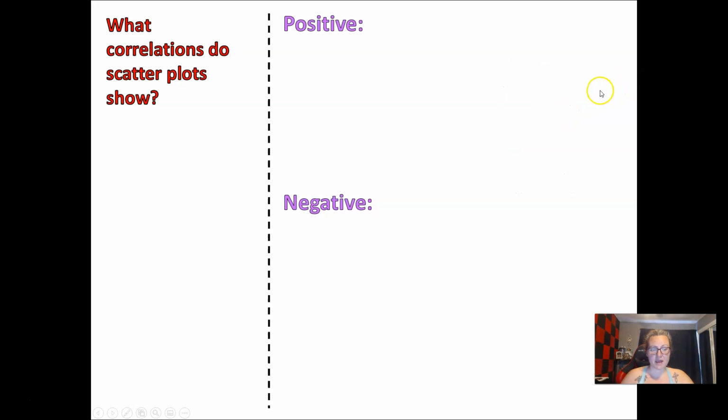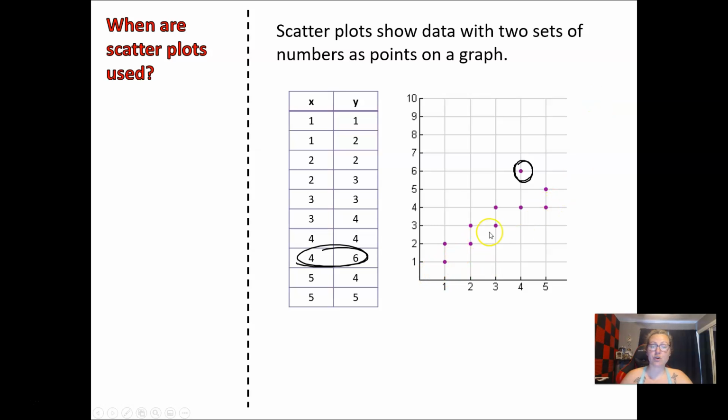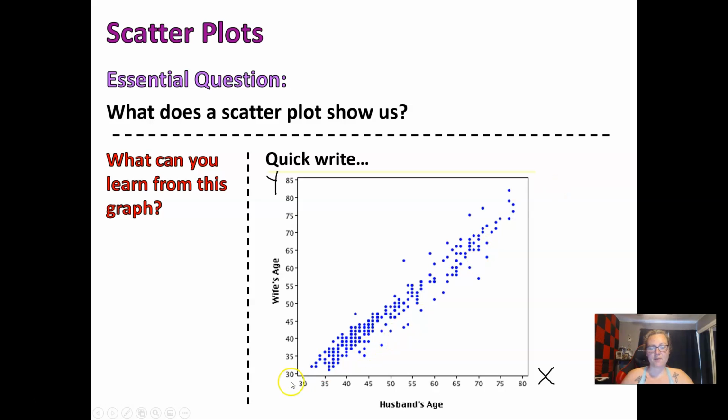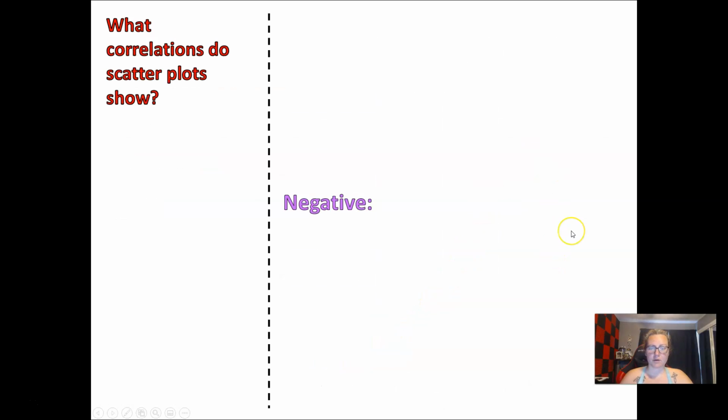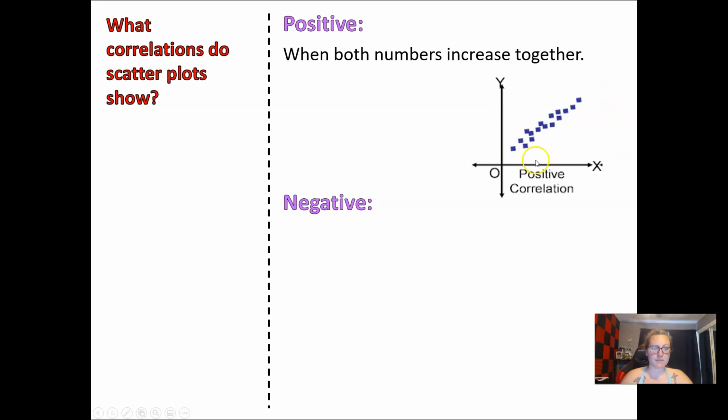If we look back, see how they're going up? Here, from left to right, our points were going up. So husband and wife ages have a positive correlation, because as the X's get bigger, so do the Y's. The dots go up. So that's positive correlation.